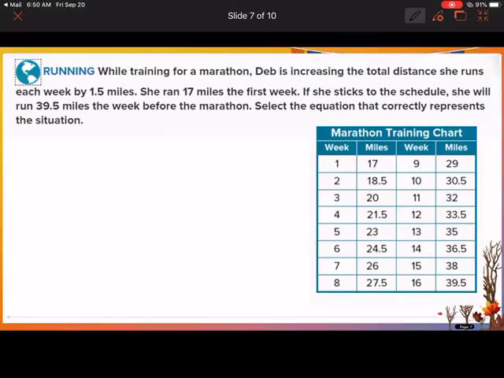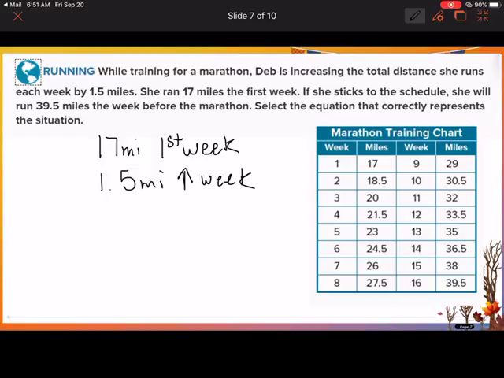Okay, a little wordier, but we can get this. So while training for a marathon, Deb is increasing the total distance she runs each week by 1.5 miles. She ran 17 miles the first week. This might be important. And 1.5 miles increased every week. If she sticks to the schedule, she will run 39.5 miles the week before the marathon.